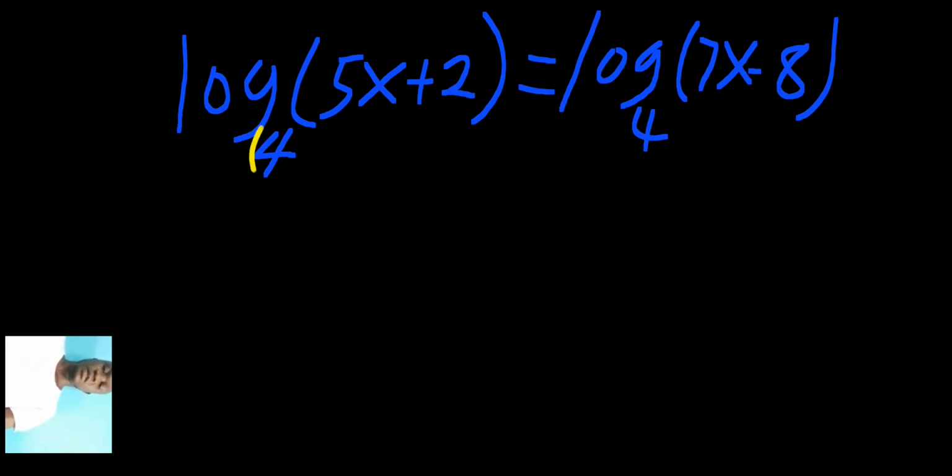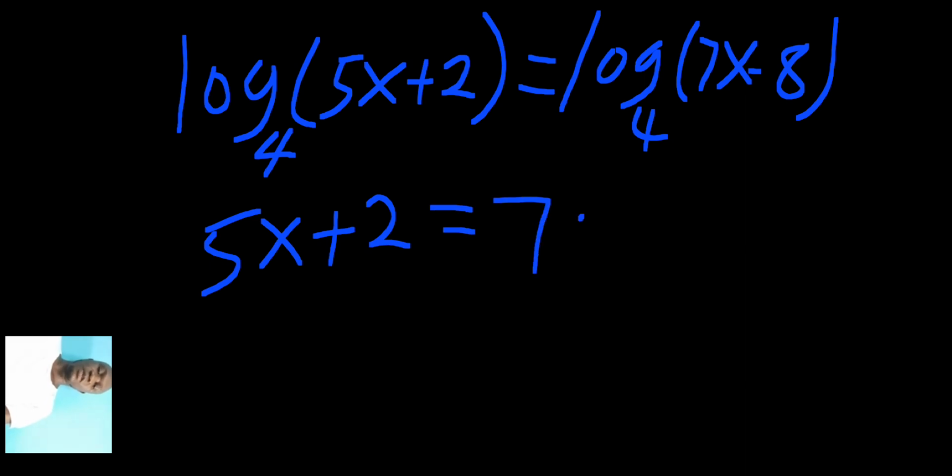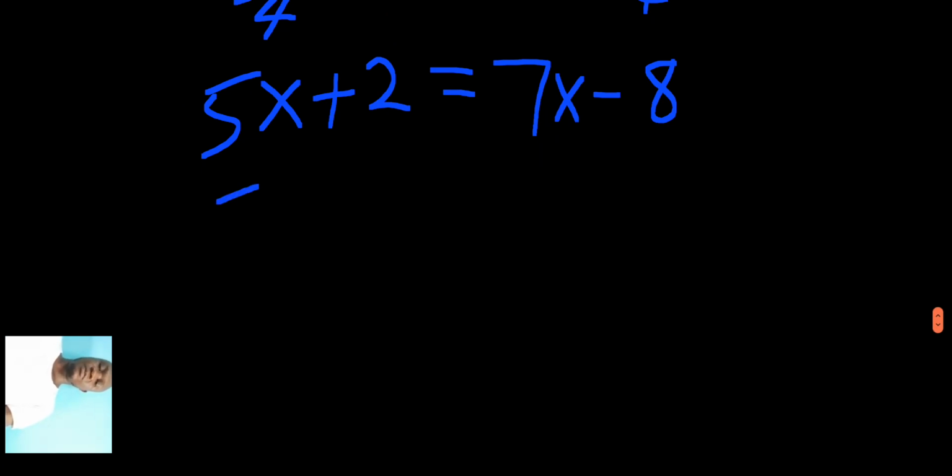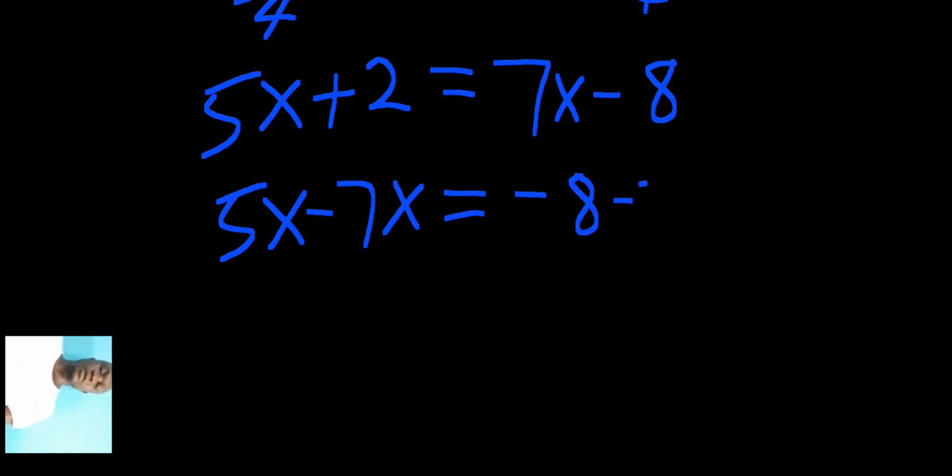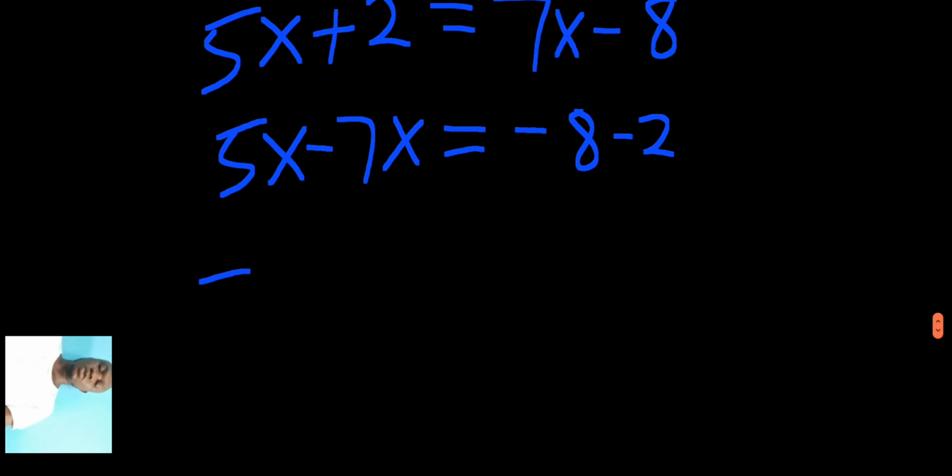Clearly, these bases are the same, that is 4. Therefore, this is also equal to this. So we have 5s plus 2 is equal to 7s minus 8. I will now have 5s minus 7s equals negative 8 minus 2. So you have negative 2s equals negative 10.